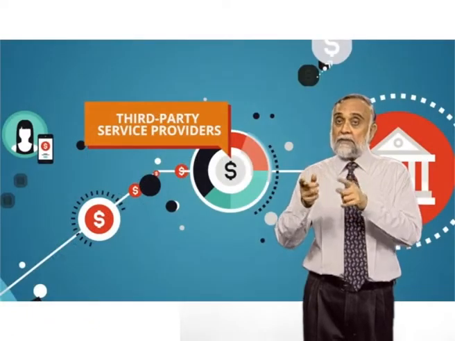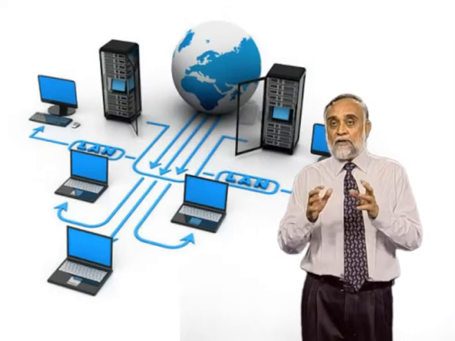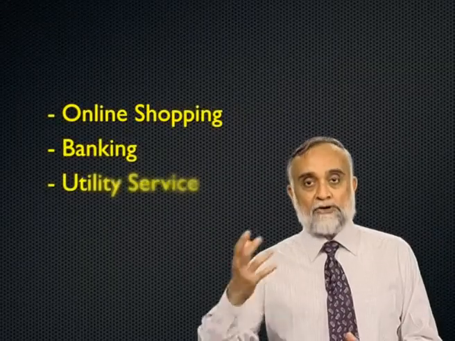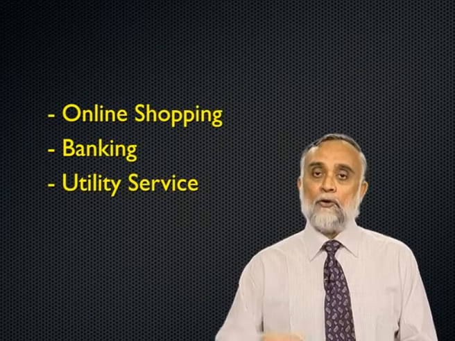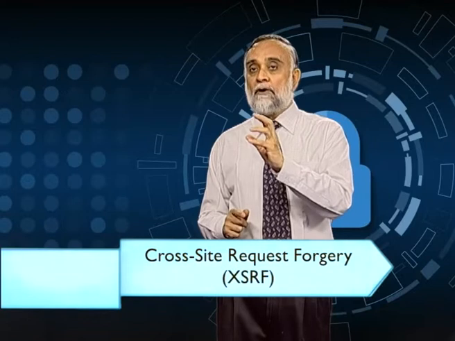It can use third party services or it can provide services to users. Many applications can be found that follow these working principles such as online shopping, banking, utility service, to name a few. However, some common vulnerabilities surface in such applications like cross-site request forgery.